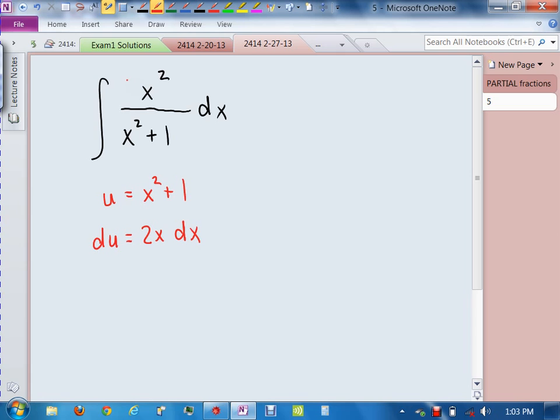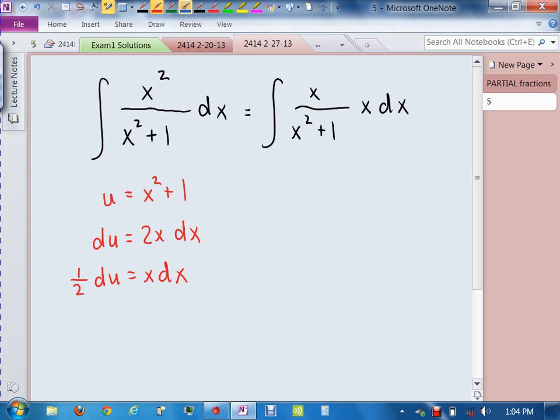I do have an x squared up top, so I could rewrite this integral as x over x squared plus 1 times x dx. And then I almost have 2x dx, I'm just off by a constant. And so maybe this will somehow work. 1/2 du is x dx.